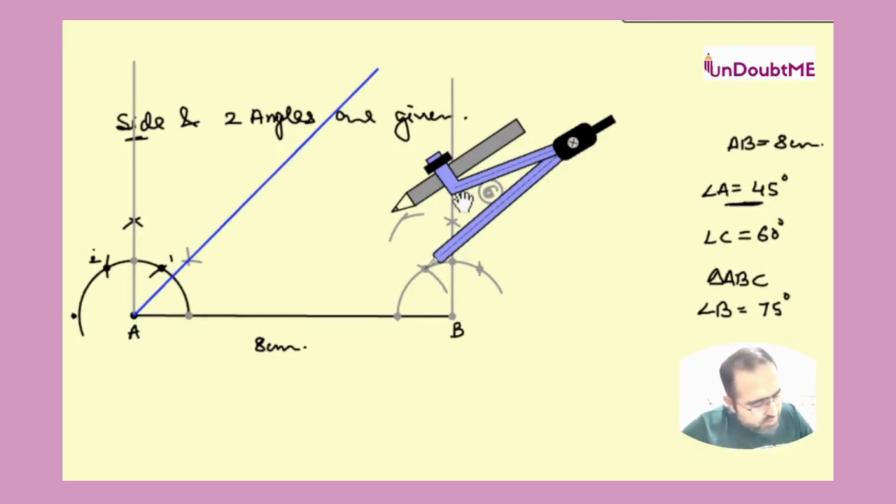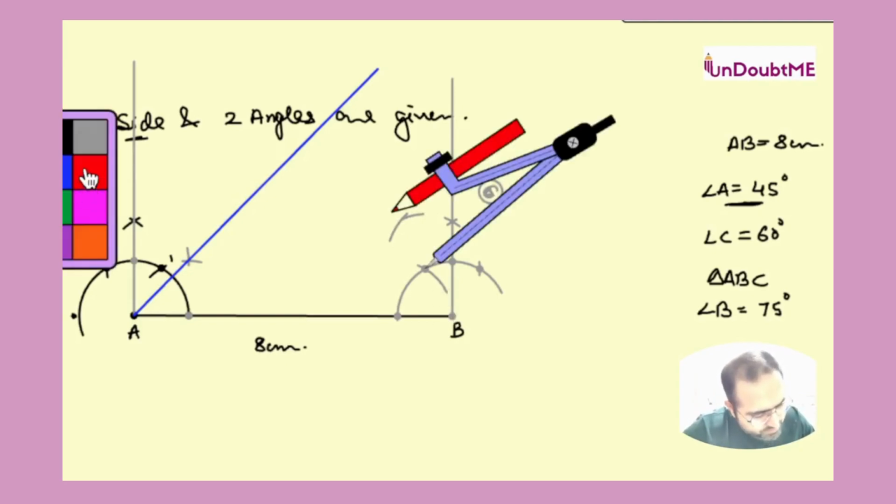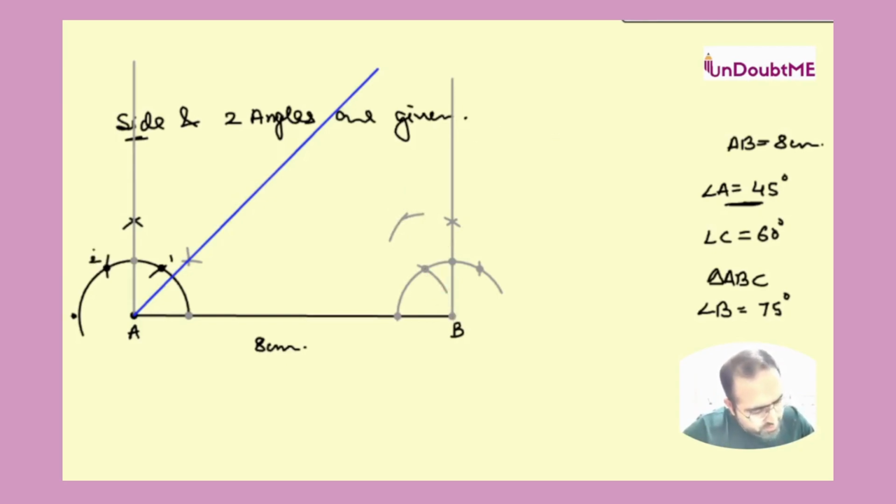Actually this compass radius has changed, okay, but we have got point of intersection, so it's okay. This is a point of intersection, and from B, the line will go like this, crossing through this point of intersection, and this is the line.